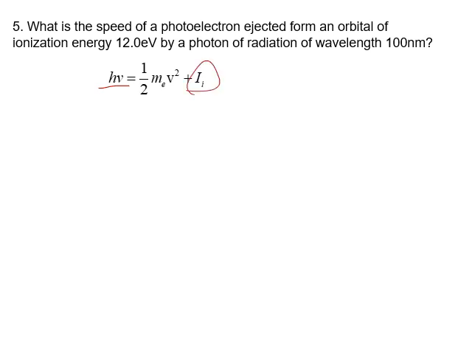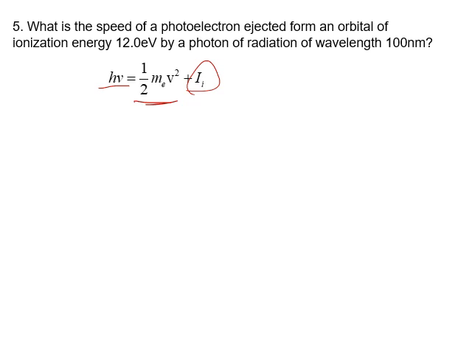That's the ionization energy, and the extra energy becomes the kinetic energy of that electron. So the energy coming in becomes kinetic energy and also ionization energy.